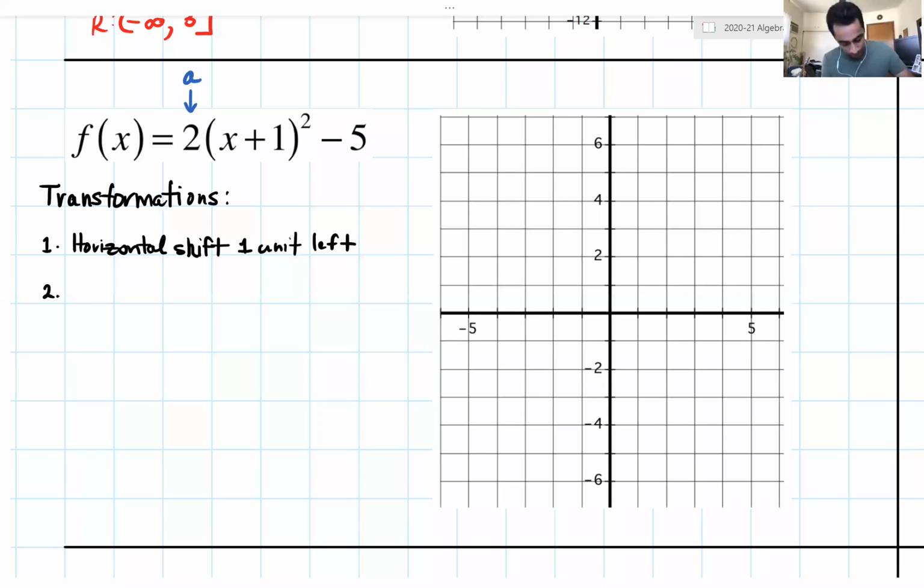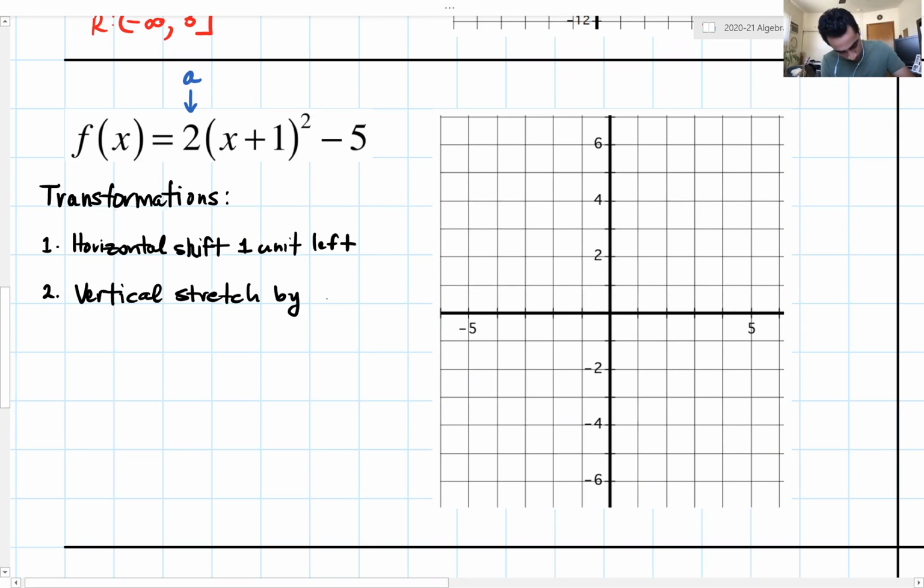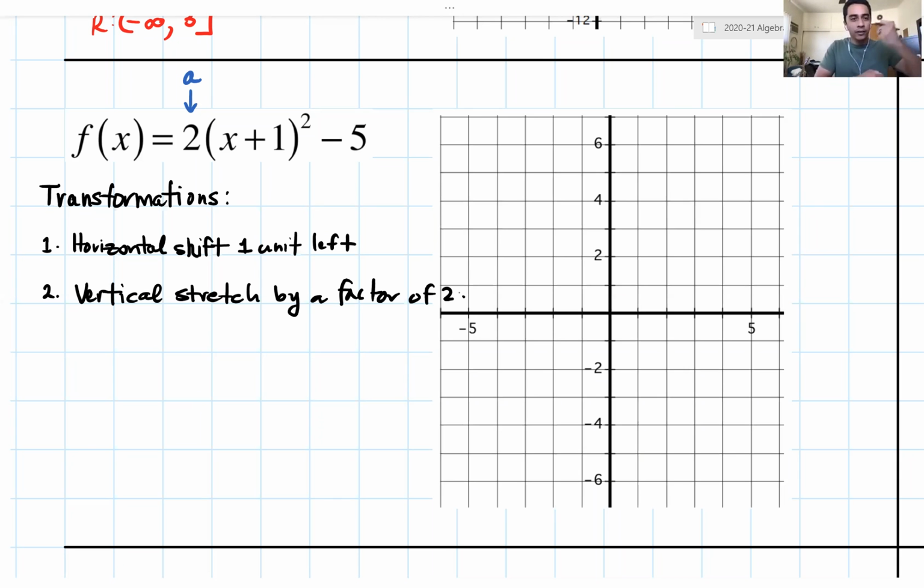So we can now describe a vertical stretch by a factor of 2. So we're stretching out our graph. It's going to be thinner, more narrow by a factor of 2.